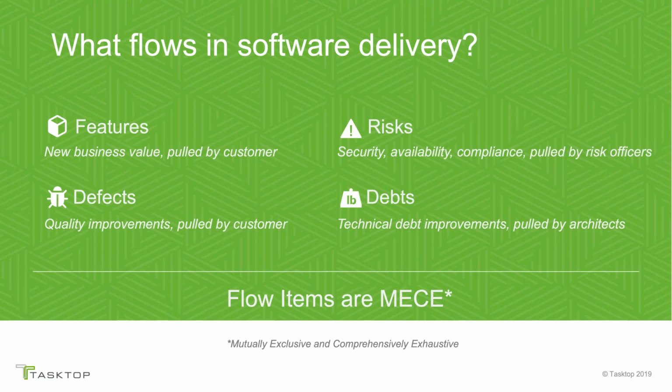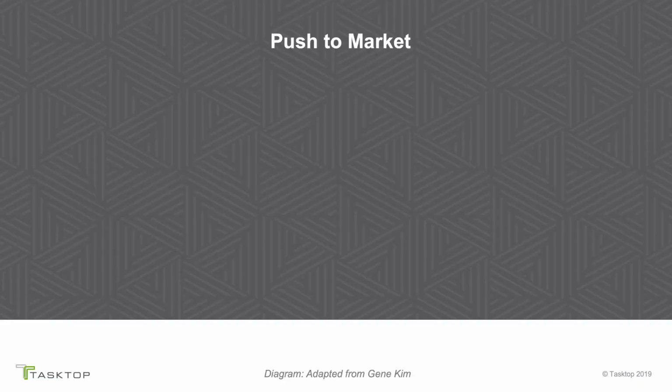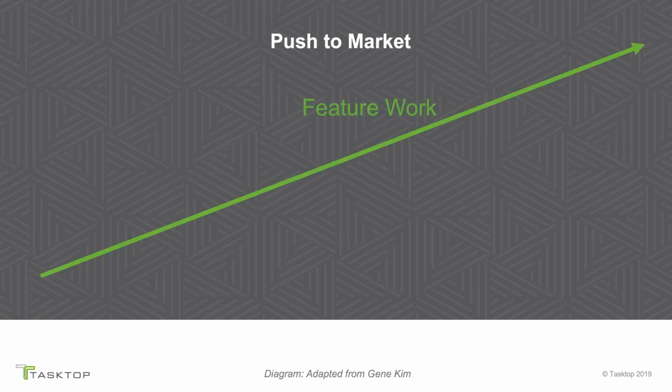So what happens when you talk about these 4 flow items? Everybody knows that our business leaders are telling us, and our customers are saying, I need more features, I need more features. So if you're pushing features into your products, great. But the more features you add, the more technical debt and more risks are being added in if you're not looking at them. Your quality will go down because you're pushing for features.